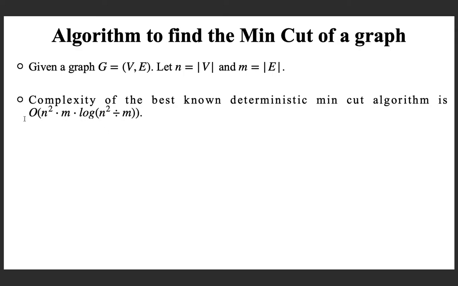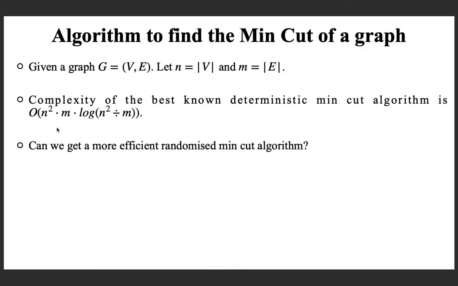So, for a dense graph, when all the possible edges are there, m can become order of n squared. So, the log term becomes 1, but it becomes order of n to the power 4 for a dense graph. That is the best deterministic solution.